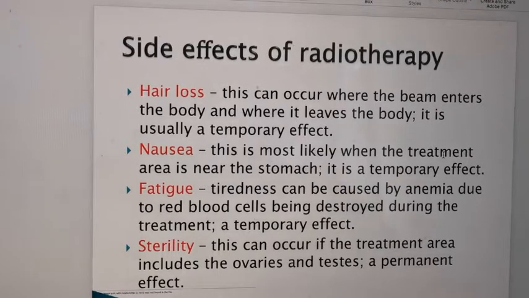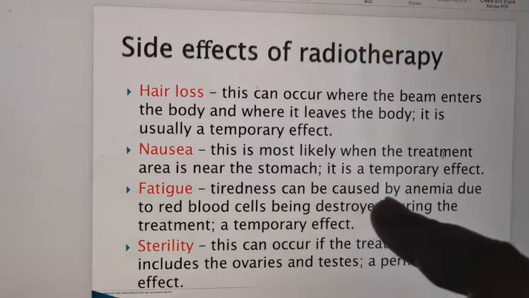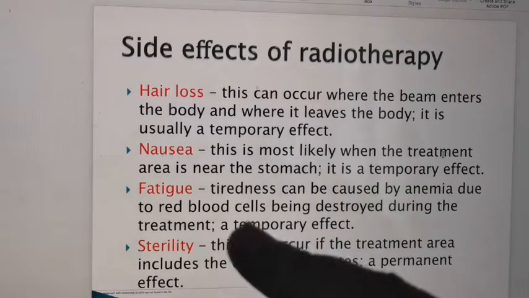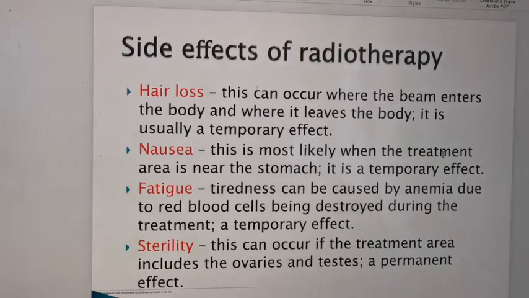The radiation also affects the cells of your gastrointestinal system, so you get that feeling of wanting to vomit, because even your healthy cells are affected. And fatigue, obviously. If you expose the body to ionizing radiation, then the red blood cells can also get killed. So you feel more tired because you don't have that oxygen carrying capacity from your red blood cells.